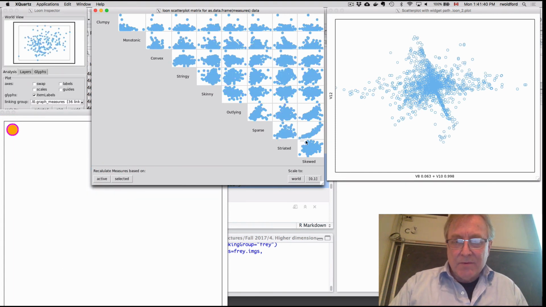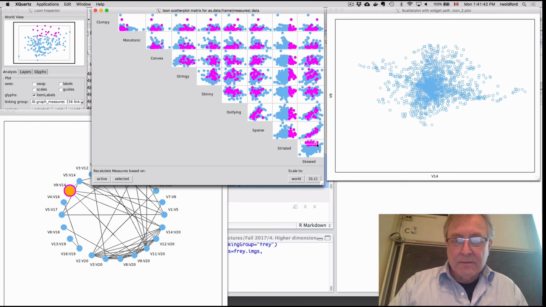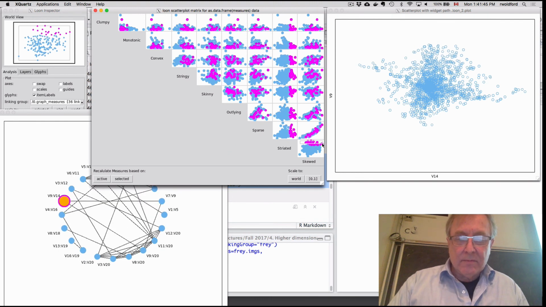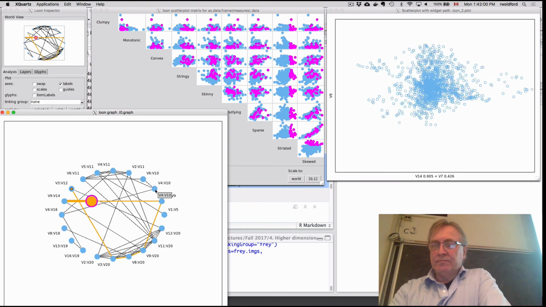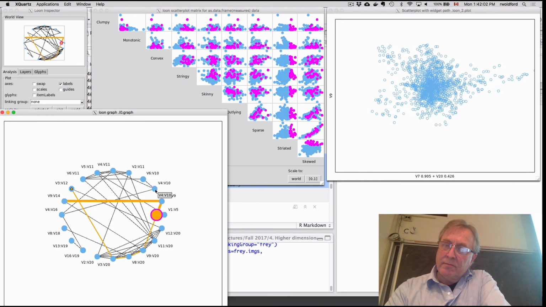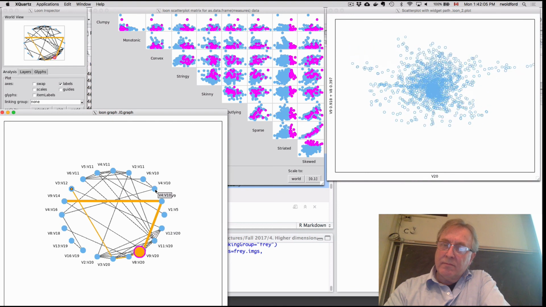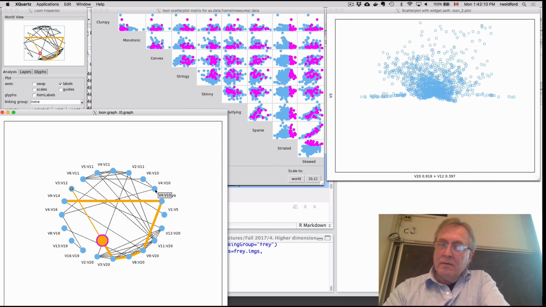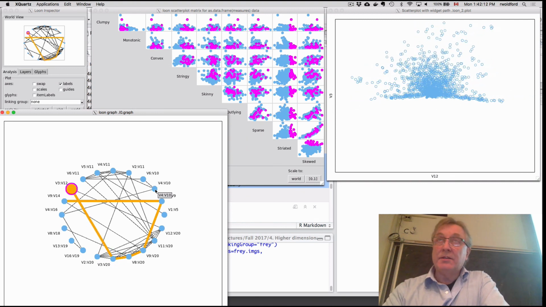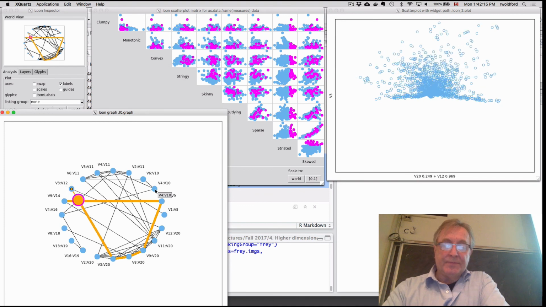So the ones that are most showing lines. These may be some of the same ones that we've seen before. So again, you can see the lines showing up in some of these. Okay.